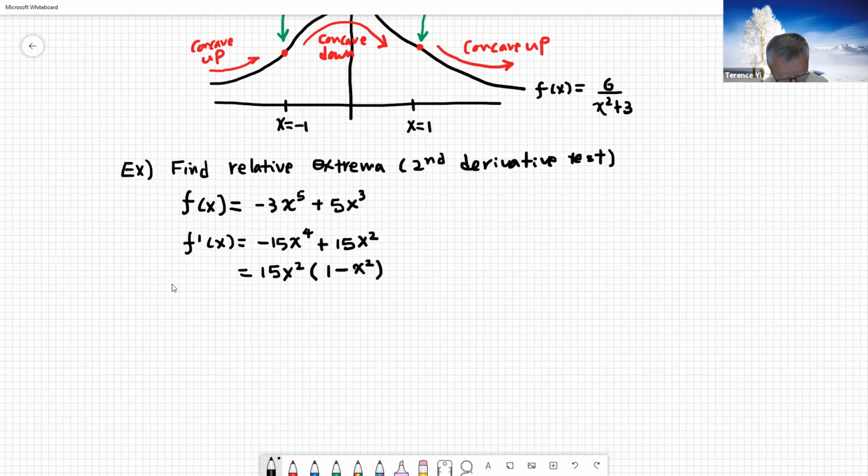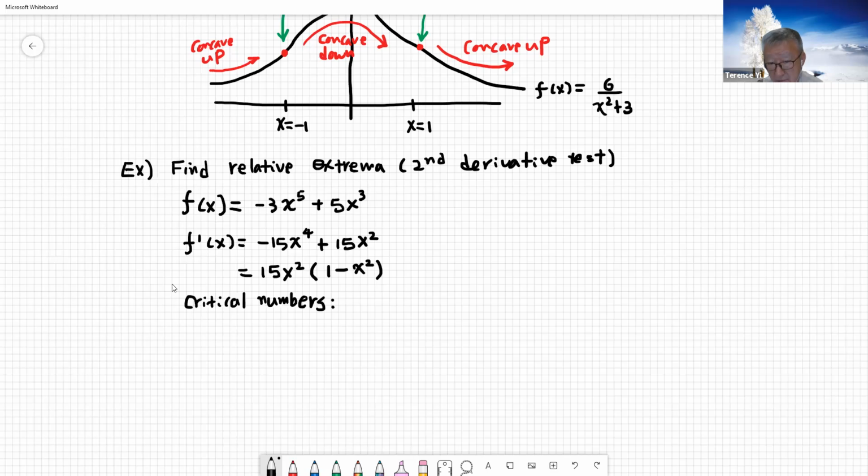Now we're going to see if we can find the critical numbers from f prime of x. Why do we have to find the critical numbers? Because you want to find the relative extrema, and for that you need to know what the critical numbers are.